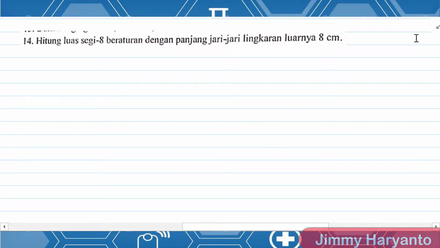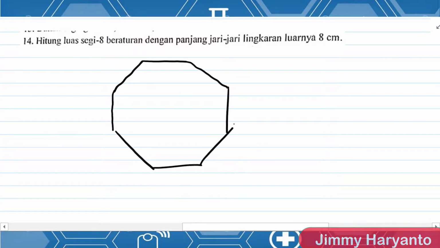The next is number 14. For number 14, we have an 8-sided polygon. The question says: the area of a regular octagon whose circumscribed circle has a radius of 8. What does that mean? We have an 8-sided polygon, maybe just like this. Then you can draw like this.